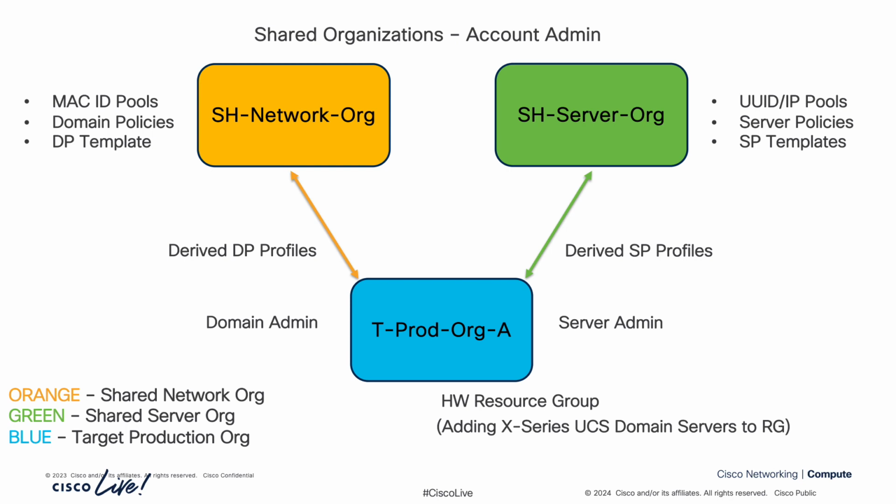I am going to add a resource group to the tprod org A at the bottom there. I'm going to add hardware to that. And then I'm going to leave the top 2 without a resource group assigned. That will assist in the next phase when we go to sharing. And we're going to refer to this graphic several times, so you'll see it more than once.